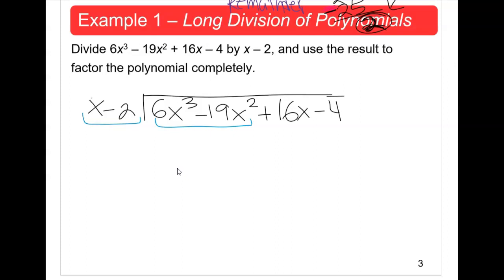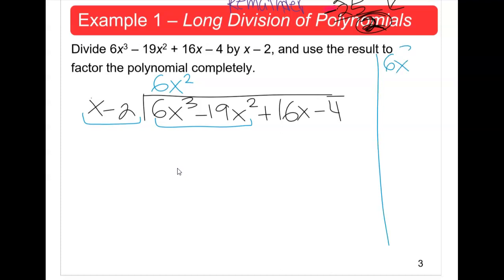And we're going to say how many times can 6x cubed be divided by x. And so the answer is going to be 6x squared. So we're going to write that up here, 6x squared. If you are not sure why, there's nothing wrong with having some scratch paper to do your work on the side.